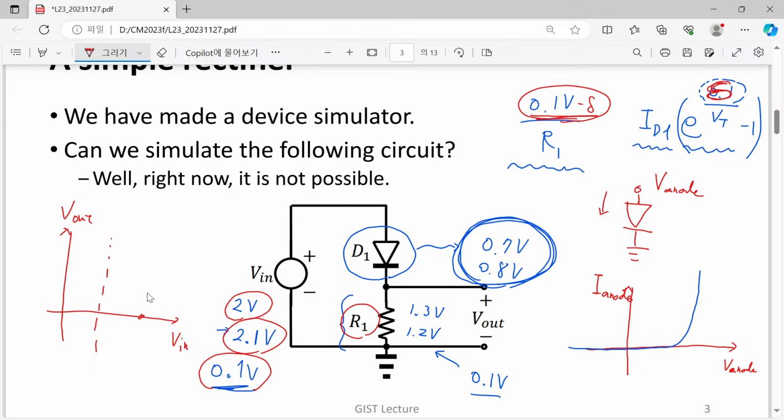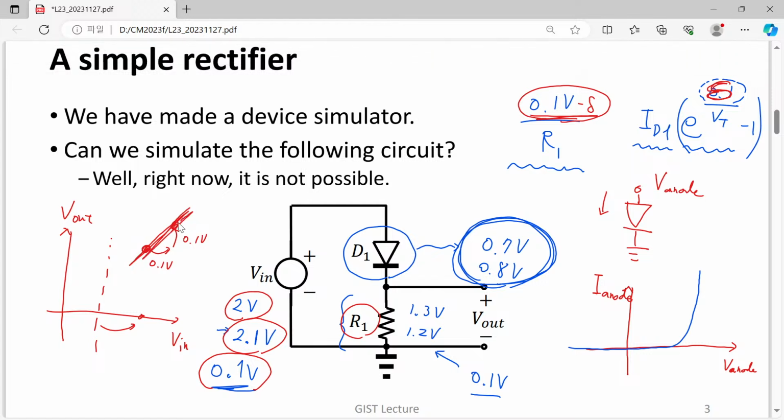So after that, if we have a sufficiently high voltage and we increase the voltage by, for example, 0.1 volt, then your output voltage is also increased by 0.1 volt, so there will be an almost unit slope curve for your output voltage.